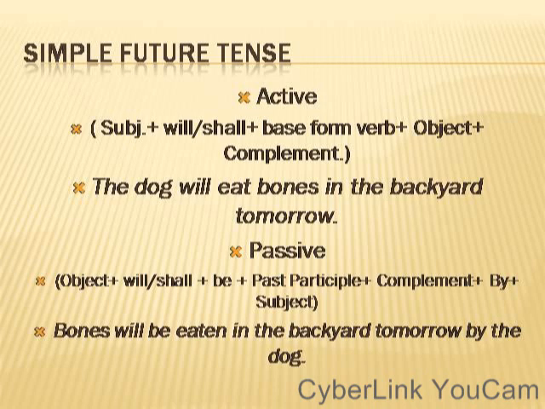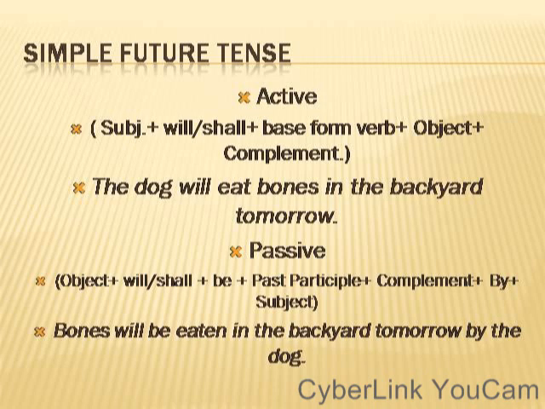Now in order for this to convert into passive, here is the formula. First, the object plus will or shall plus the be plus past participle plus the complement plus the by plus the subject. So it becomes: bones will be eaten in the backyard tomorrow by the dog.